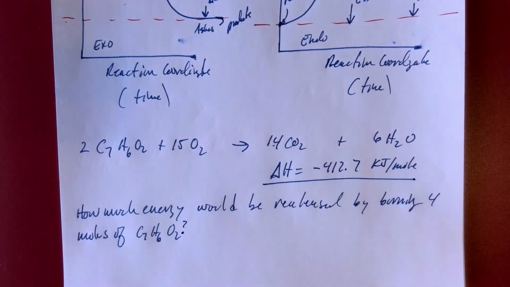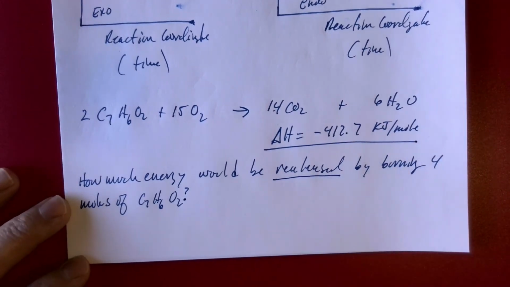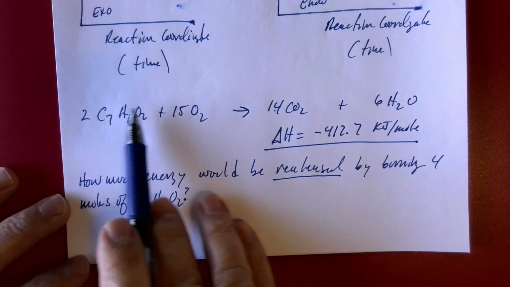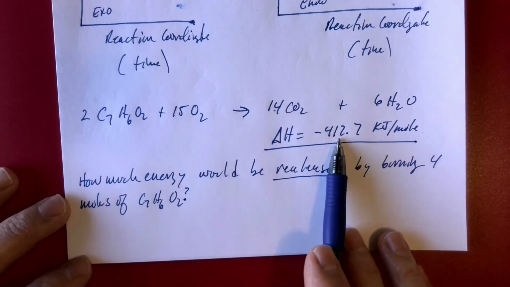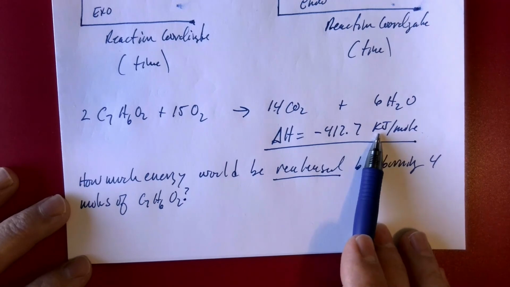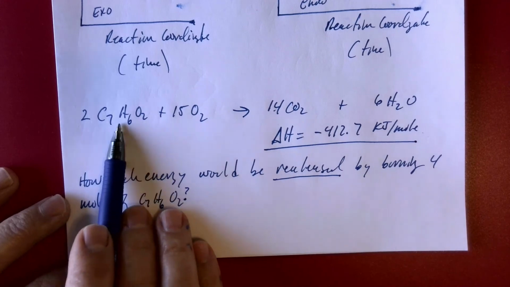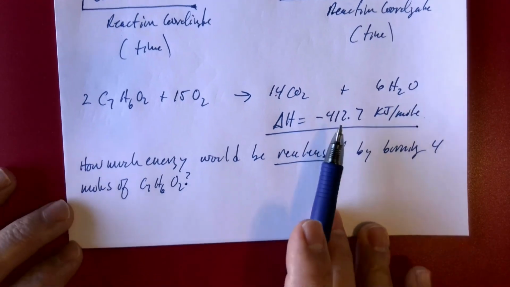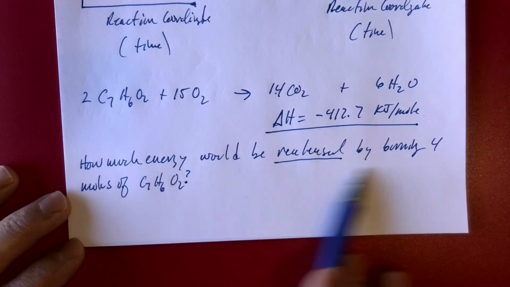And I want you to tell me how much energy is released. Okay? And notice, this right here is not written in reference to the coefficients of the equation. It is simply negative 412.7 kilojoules per mole. So for every 1 mole of this I burn, I'm going to get out that much energy. Okay? So the question says, how much energy would be released by burning 4 moles of that?